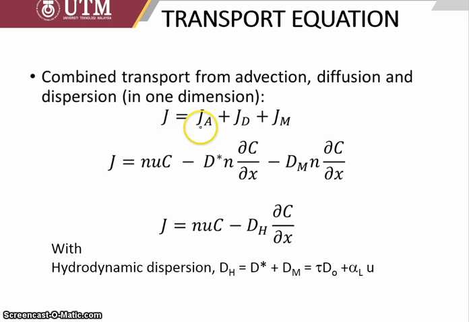The fluxes are J sub A, advection, J sub D, diffusion, and J sub M, mechanical dispersion. J sub A is porosity times U times C, and then D effective, diffusion, times the porosity and the partial derivative of concentration with respect to X, and also mechanical dispersion times the porosity and the partial derivative of concentration with respect to X.